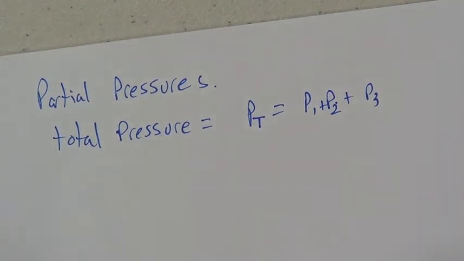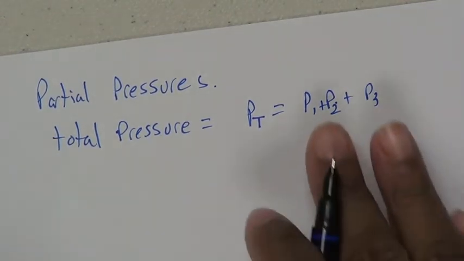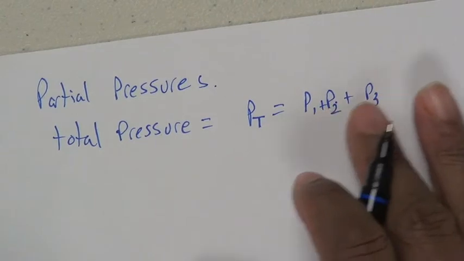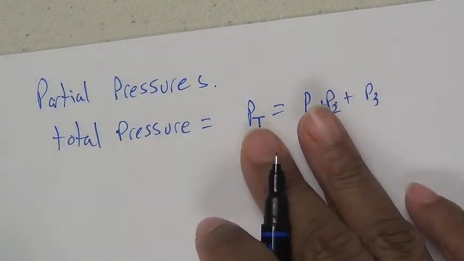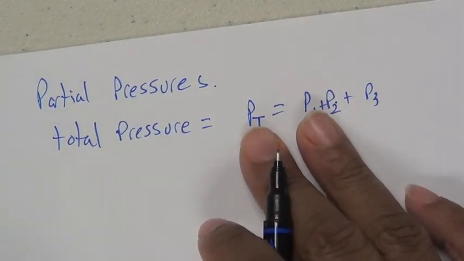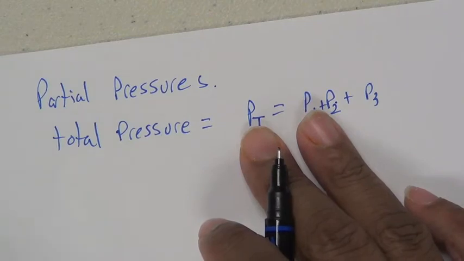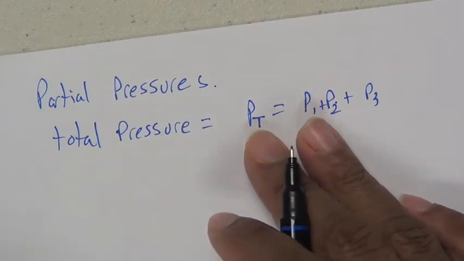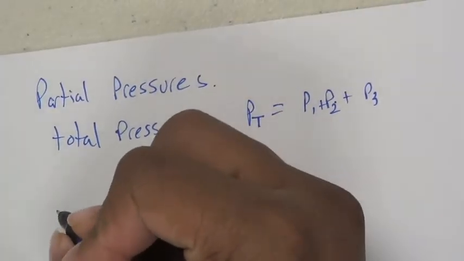The problem is we have to figure out what these partial pressures are to get to this total. The way we do that is by figuring out the mole fraction.